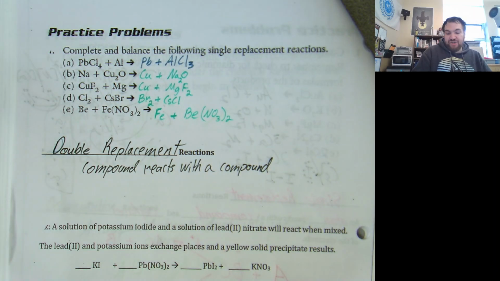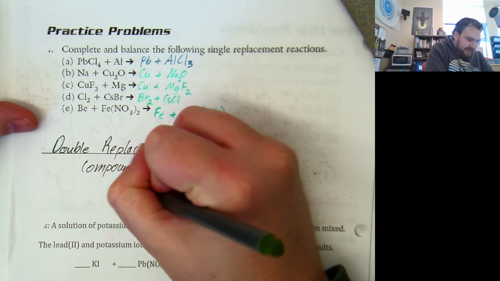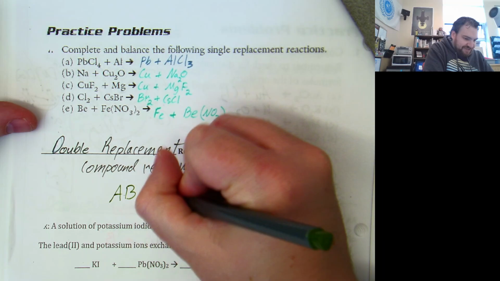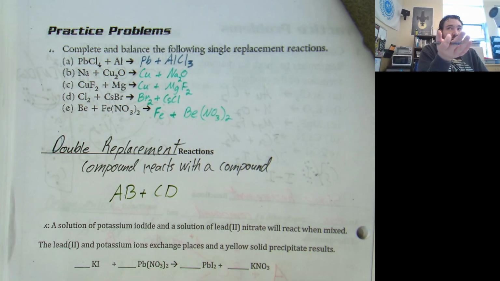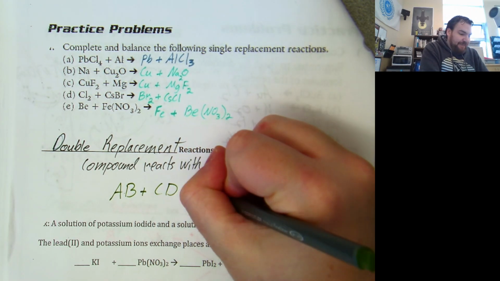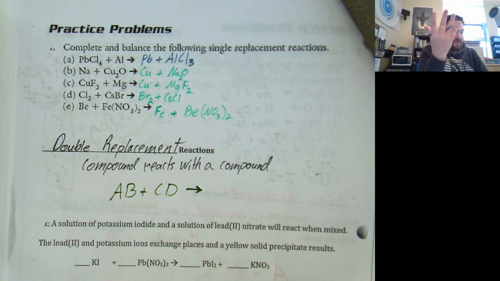So if I'm going to give a generalized version of this, it would be compound AB is going to react with compound CD. These are almost easier than the single replacement, because when the replacing happens, there's no guessing what replaces what. What's the only thing that can happen here? What's switching?